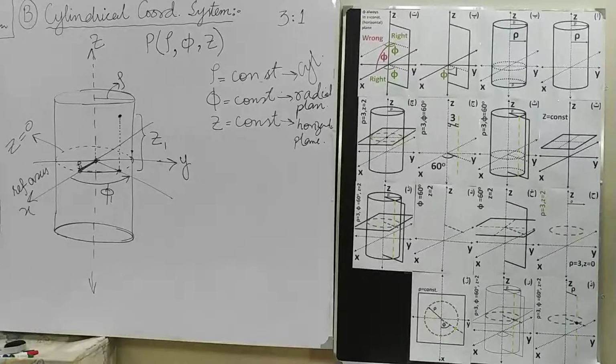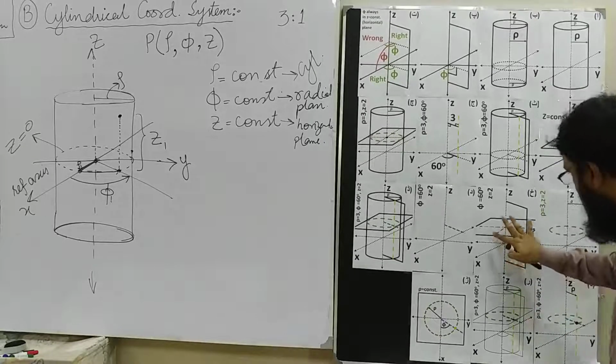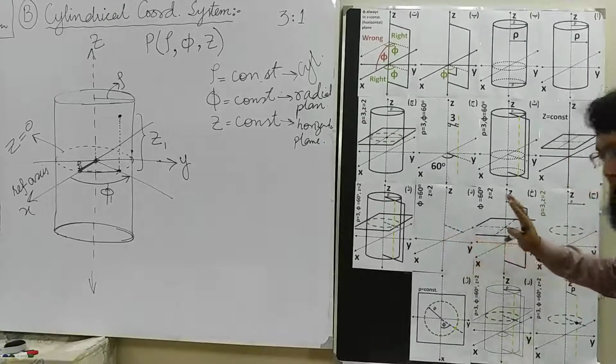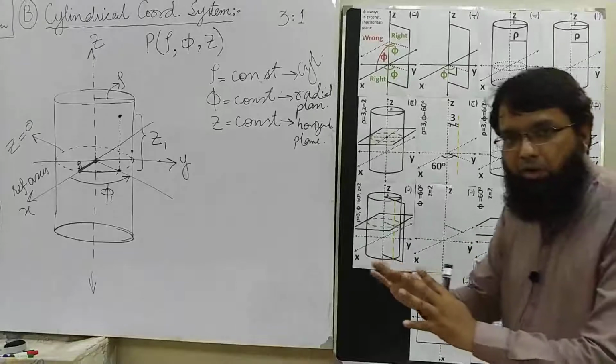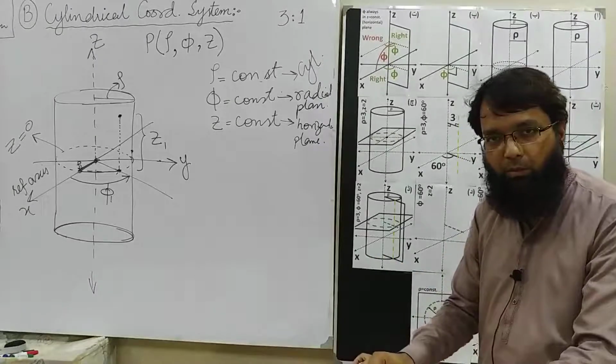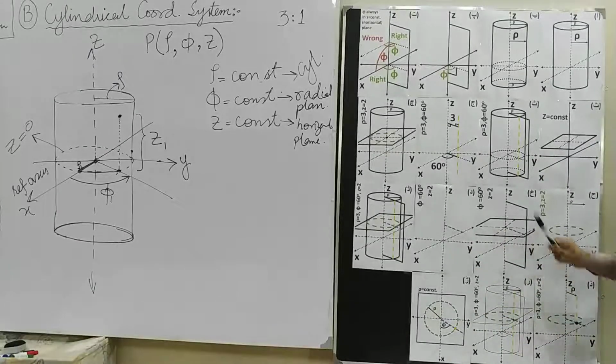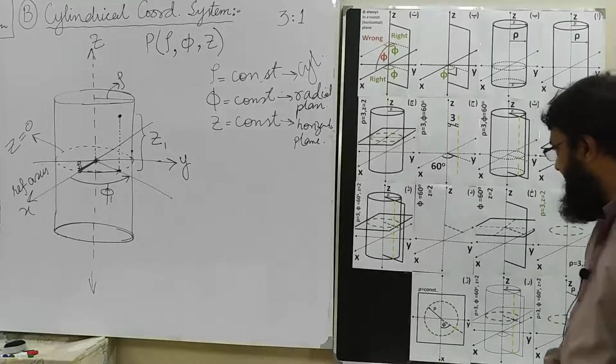That's why it is the intersection of the two. Now, removing the fundamental surfaces, we get a straight line. So in order to get a horizontal line, always remember, in a cylindrical coordinate system, you need the intersection of two fundamental planes, that is phi equals constant and z equals constant.